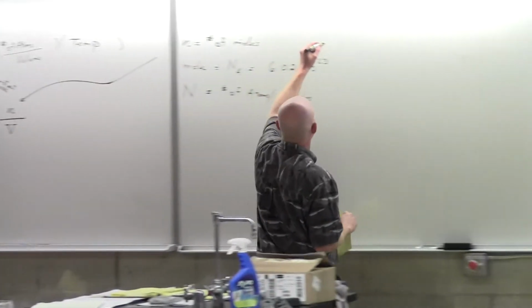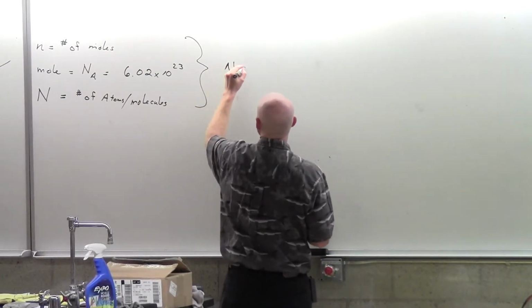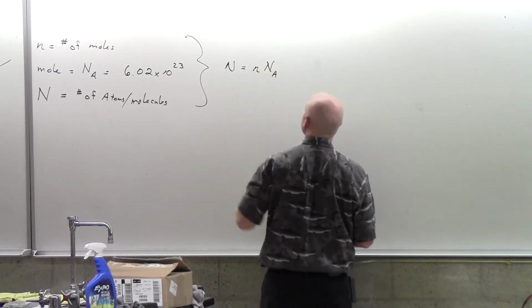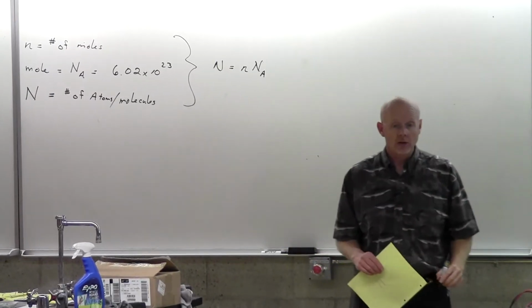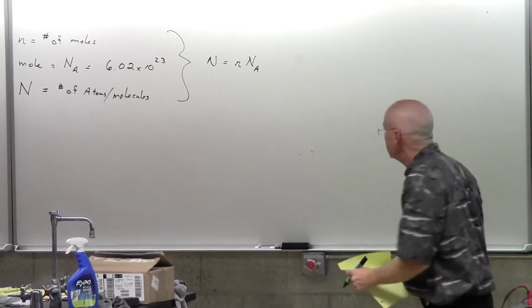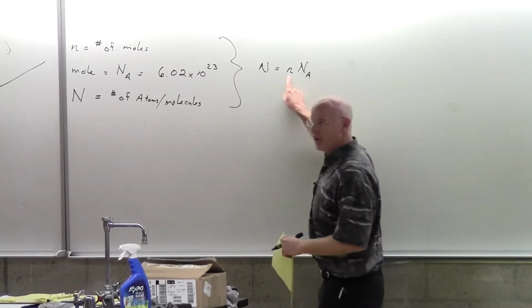So these should be connected, right? The number of atoms should then be the number of moles times the number in each mole. In the same way, if I asked you how many days were in 3 weeks, what would you do? Well, you just told me it was 3 weeks.